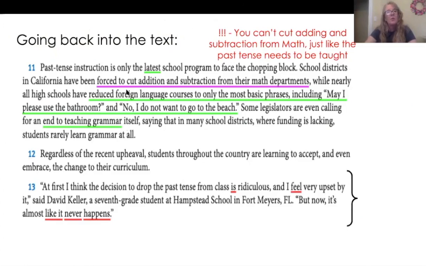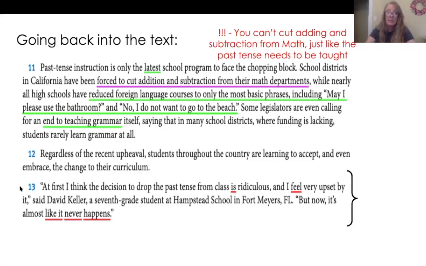And then also the foreign language. So we're not going to teach you all about the foreign language. We're going to just teach you to use 4 or 5 or 6 key phrases, right? May I use the bathroom? No, I don't want to go to the beach. Teach ending grammar itself. So that's kind of adding to that whole, like, this would never happen. So then in this last part here is paragraph 13.